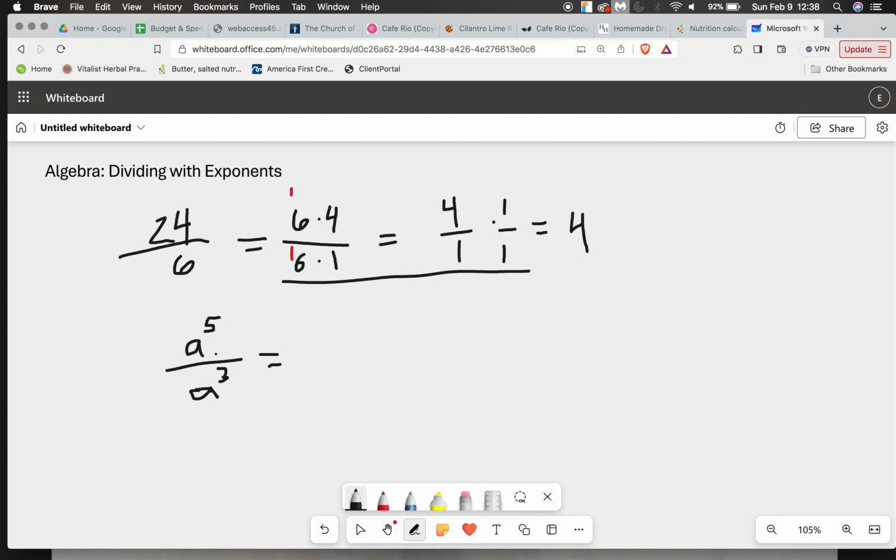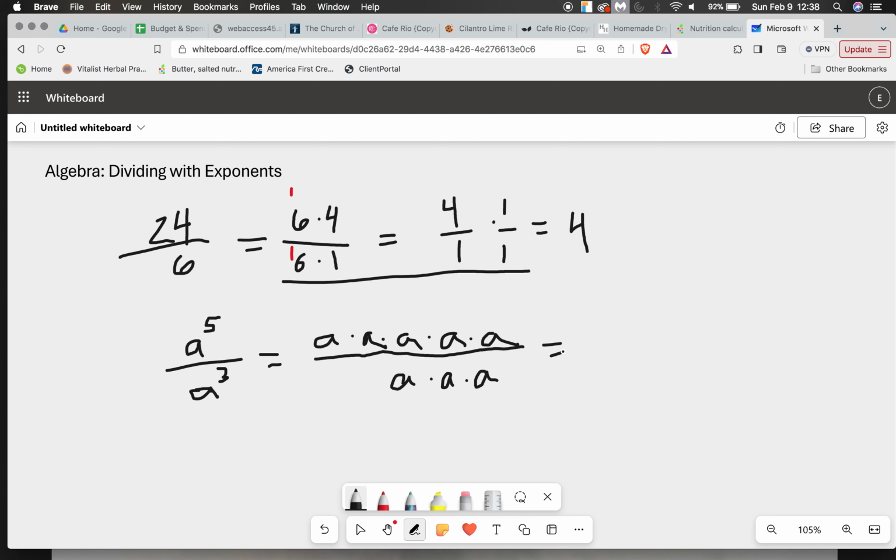In this case, we had a times a times a times a times a. A to the power of 5 is 5 a's, or 5 factors of a. And then on the bottom, we had a times a times a, right? Because a to the 3rd is 3 factors of a.